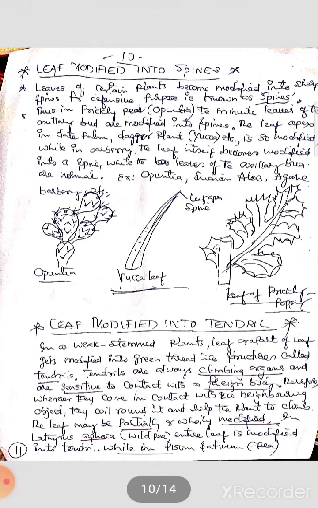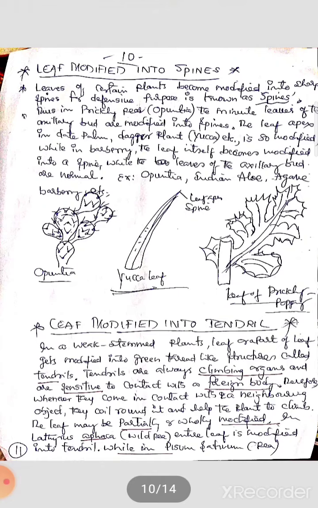The leaf may be partially or wholly modified. In Lathyrus aphaca, that is wild pea, the entire leaf is modified into a tendril.